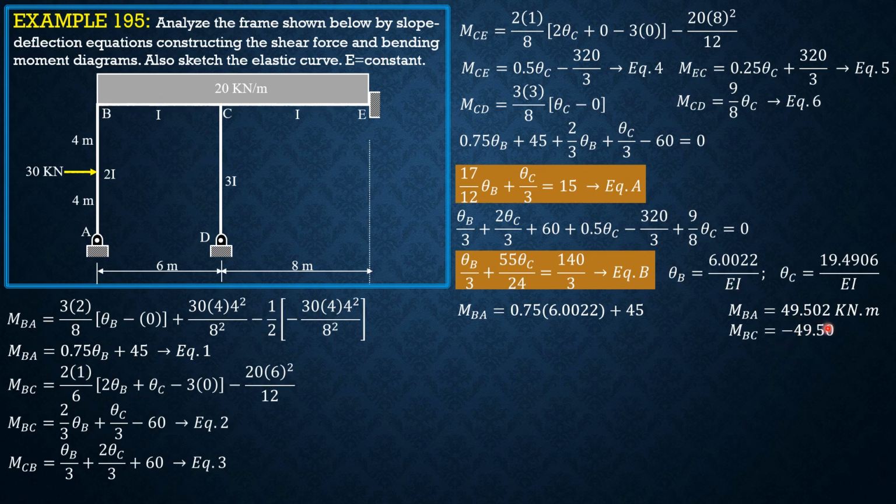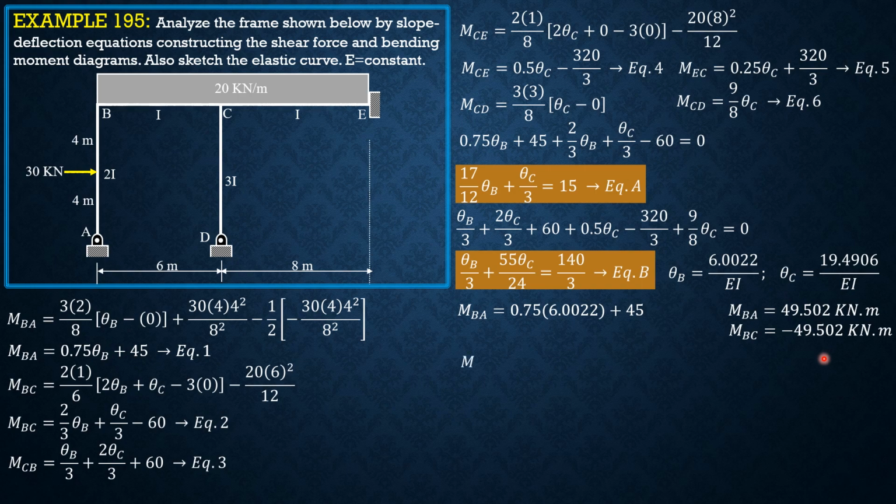Moment BC is negative 49.502 kilonewton meter. Take note of joint B: if BA is negative, then BC is positive. If BA is positive, then BC is negative, as shown.